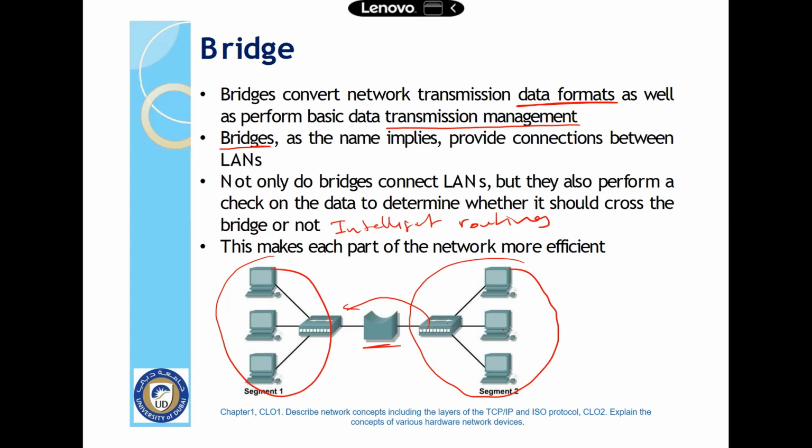Keep that in mind. It also determines whether the message should go or not. So there are two main jobs for the bridge: connecting LANs and determining whether a message should cross or not. If I ask you in the exam what network device makes the network more efficient, it is the bridge.